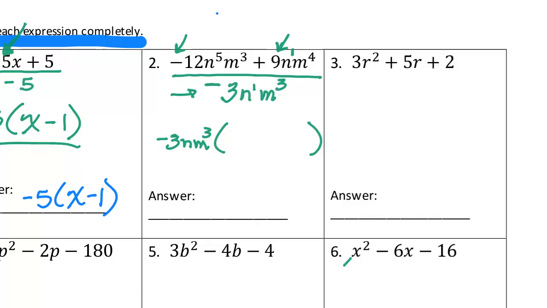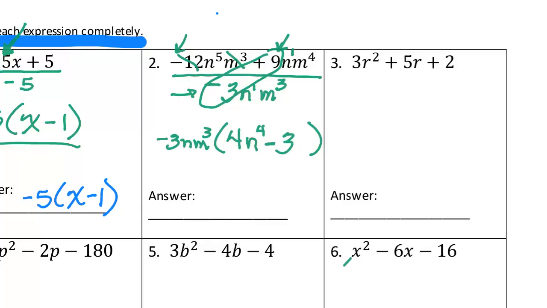Negative 12 divided by negative 3 is 4. N to the 5th divided by n to the 1st. N to the 4th, right? You had 5, you took away 1, you're left with 4. M to the 3rd divided by m to the 3rd, no m's left. Then we have a 9 divided by negative 3. What's 9 divided by negative 3? How about negative 3? Right?